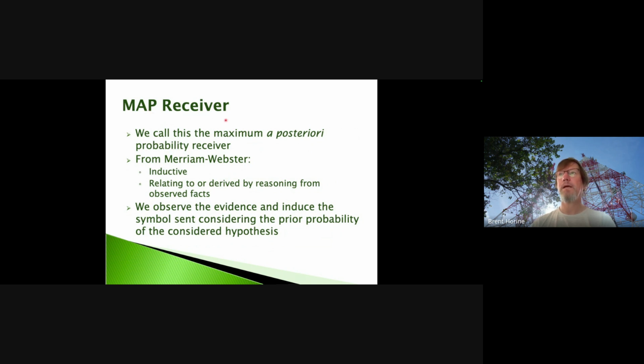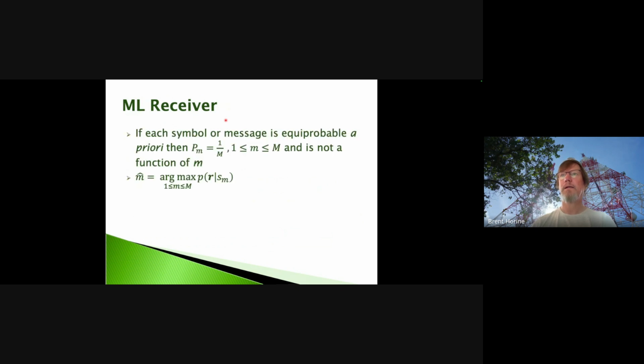Okay, and now let's consider if each symbol or message M is equal probable a priori. We know ahead of time that all of the different M symbols are equal probable, right? So if we have K equal to 3, M equal to 8, then those 3 bits map into a particular symbol, one of 8.